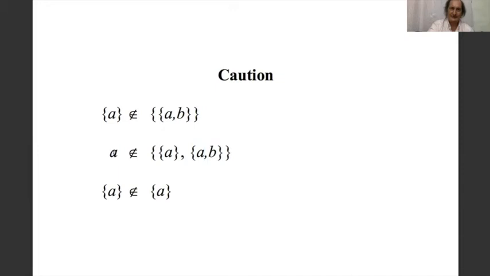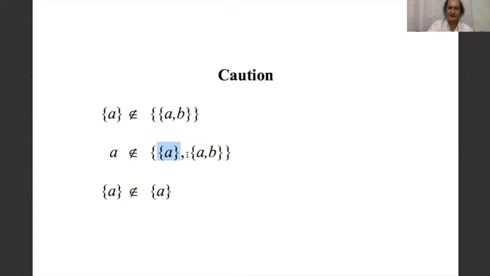But this individual A is not a member of this set. And the reason is that when we look at sets, sets come with levels, if you will. Inside of this set, we have our first level of elements, members.